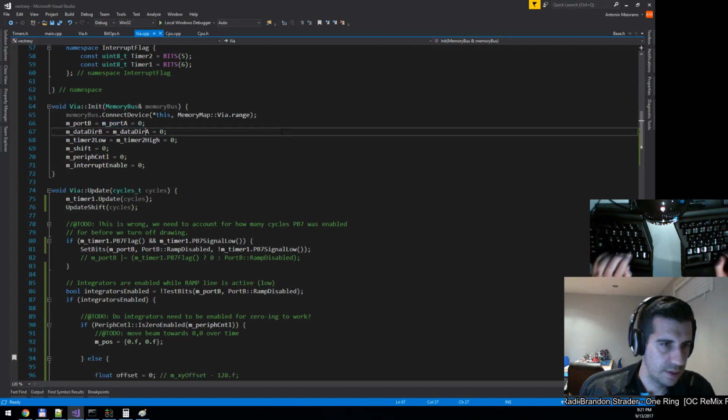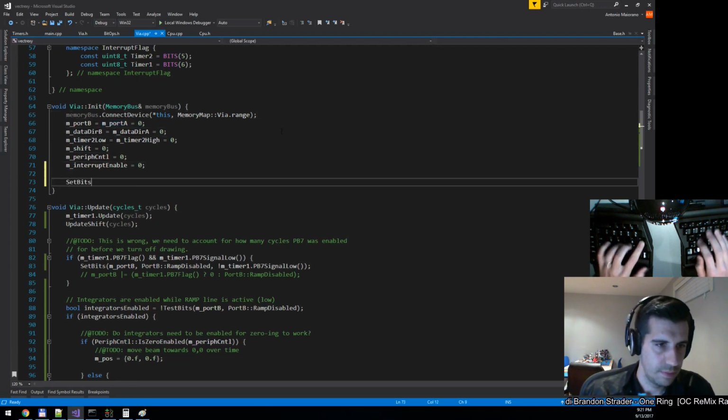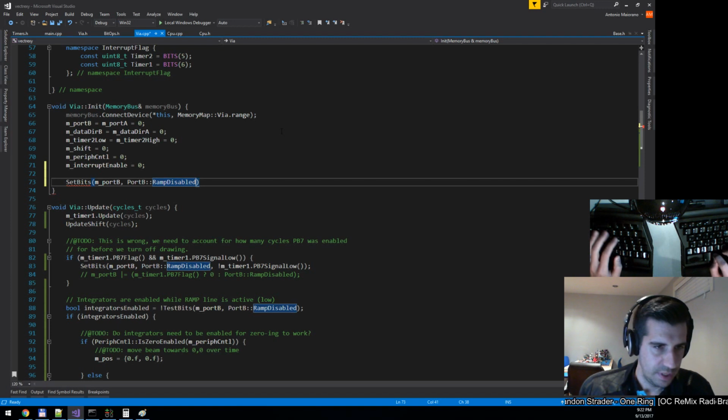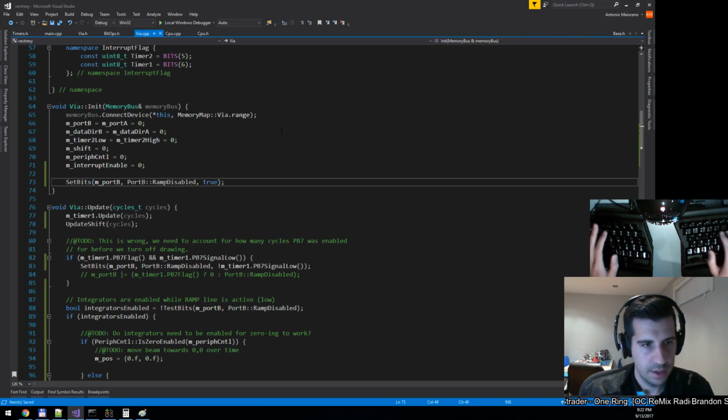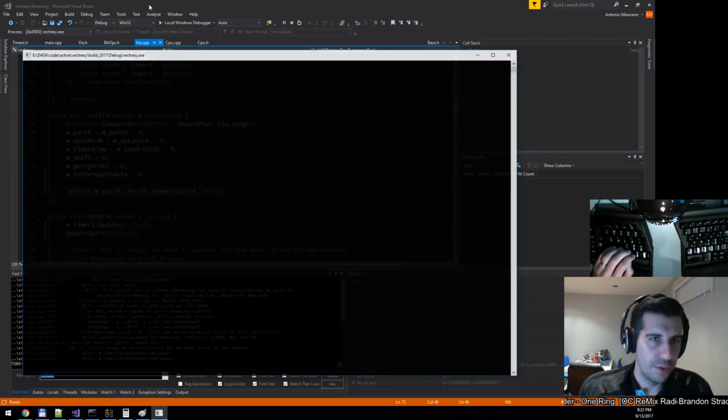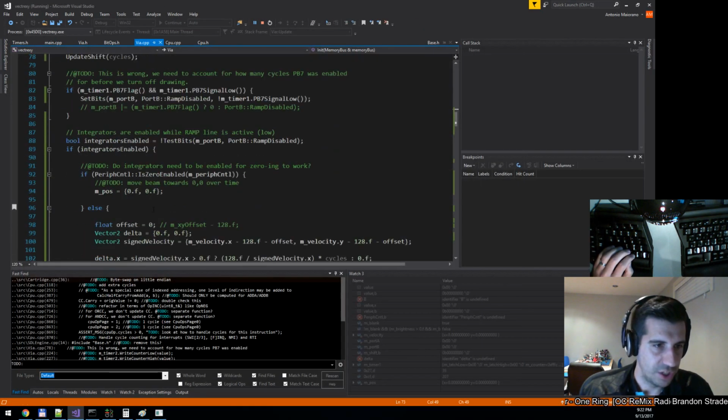Let's do it like this. And port B ramp disabled to true. Okay. So now what should happen is we won't actually enter into this loop until the ramp actually is enabled, or not disabled.